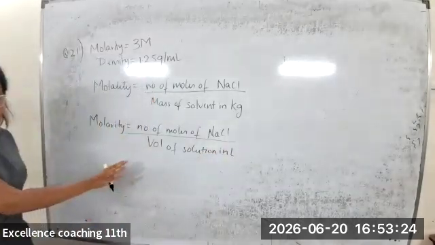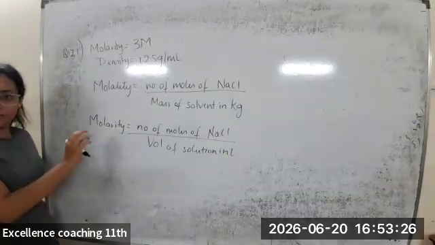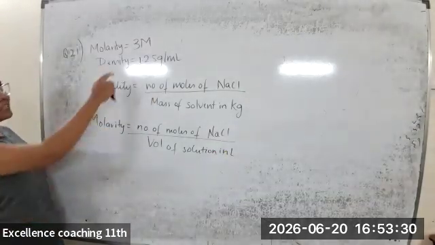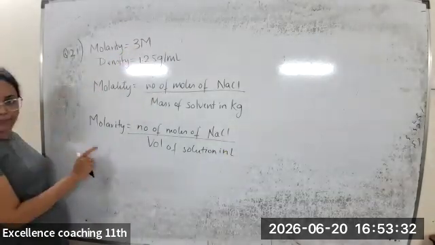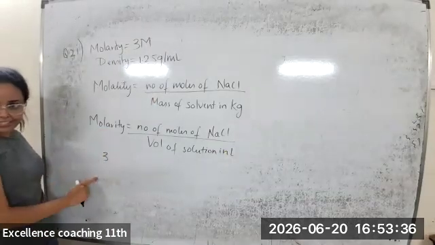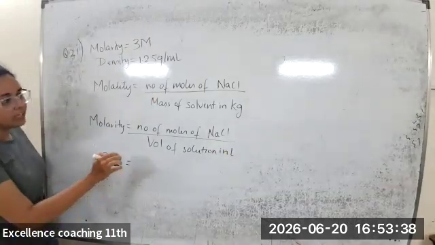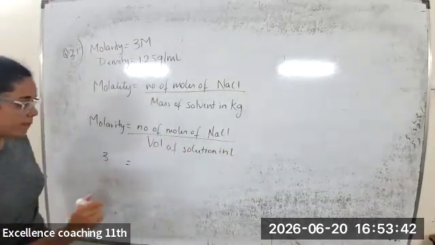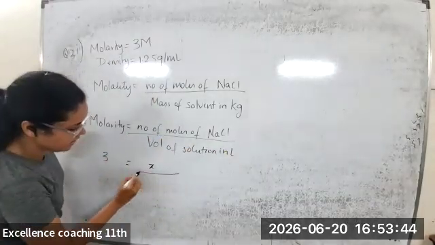So we know this formula. What are we given? We are given molarity, so let us substitute this 3 M here. Basically your molarity is 3, and we have to find the number of moles of NaCl. So this we will consider as X.